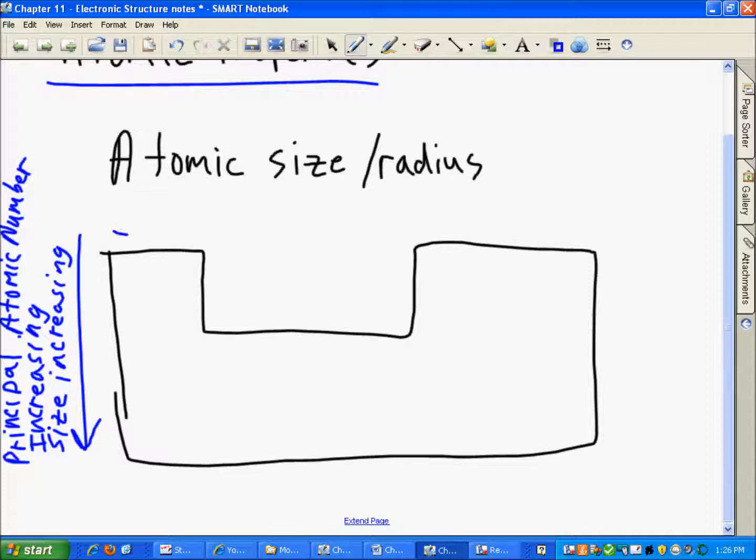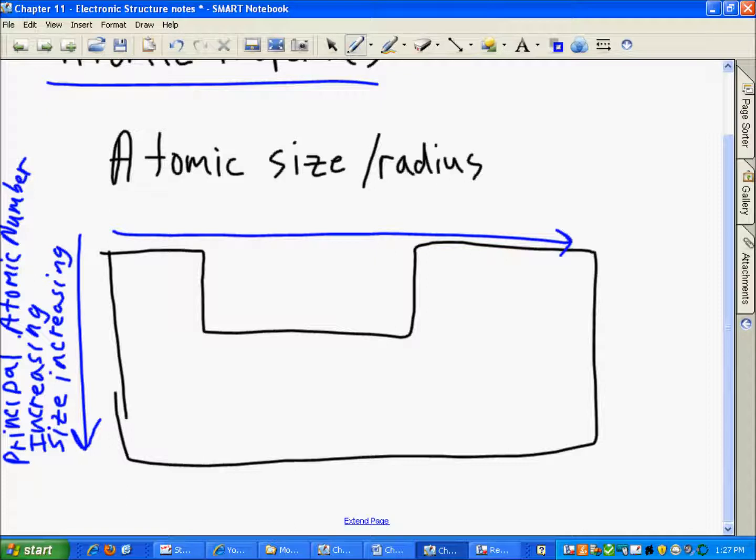Going across the periodic table this way, the trend isn't quite so easy to follow. But basically what happens is, as you go across the periodic table, the orbital number, the principal number, isn't changing, right? Because as you go across a row, like if you're in the third row, it's the third principal quantum number all the way across.